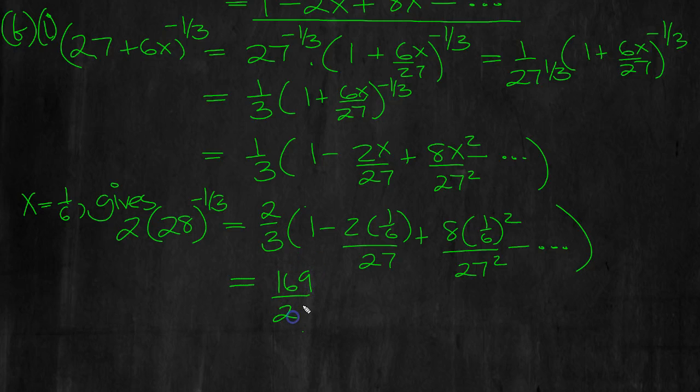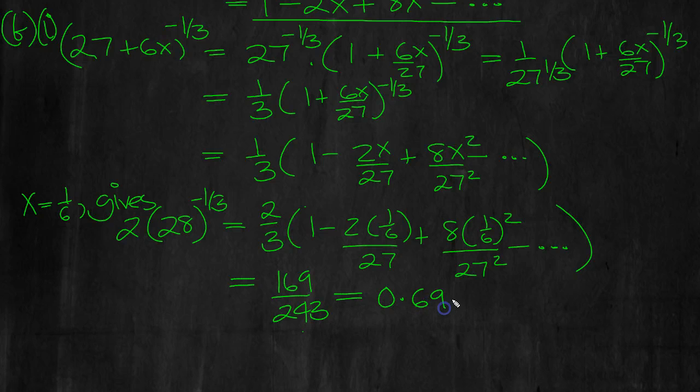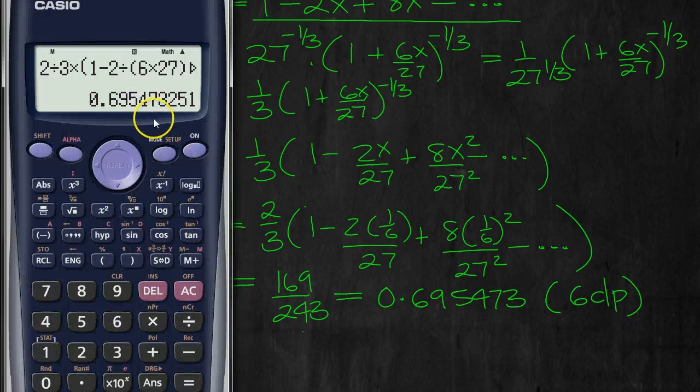169 over 243 to 6 decimal places. Let's get the decimal: 0.695473, and that was to 6 decimal places. Just look at that again. 473, yeah, it is.